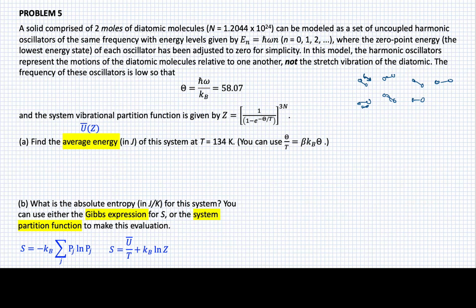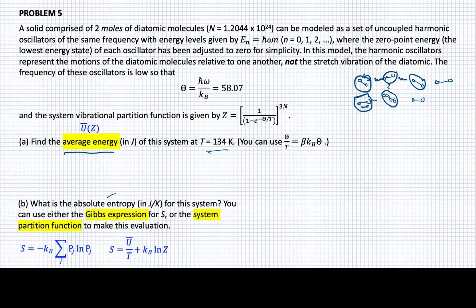What we care more about is that if we treat each of these objects as though it were a frozen diatomic, and it has oscillations in between the molecules. So this is one molecule moving relative to another. We want to calculate first what the average energy is of this system at a particular temperature, and then the absolute entropy of this system.